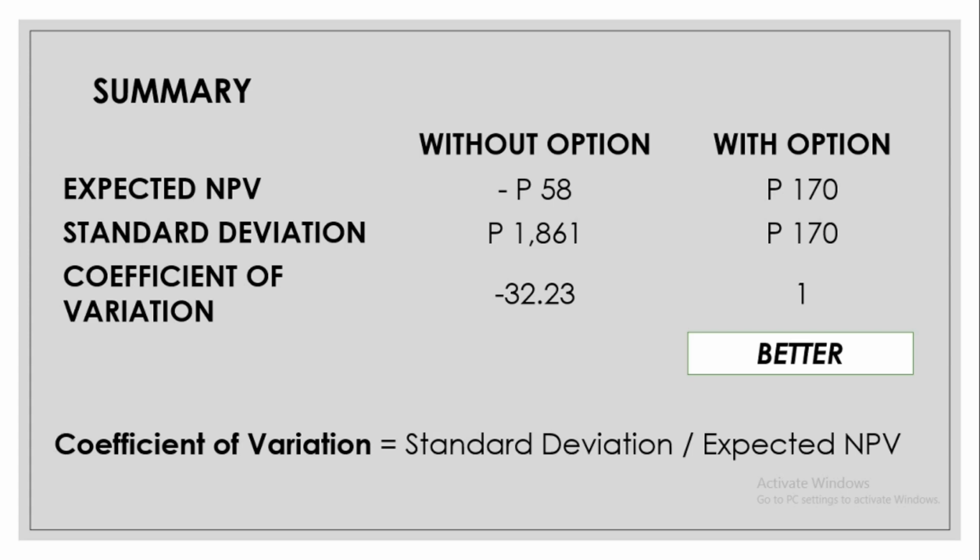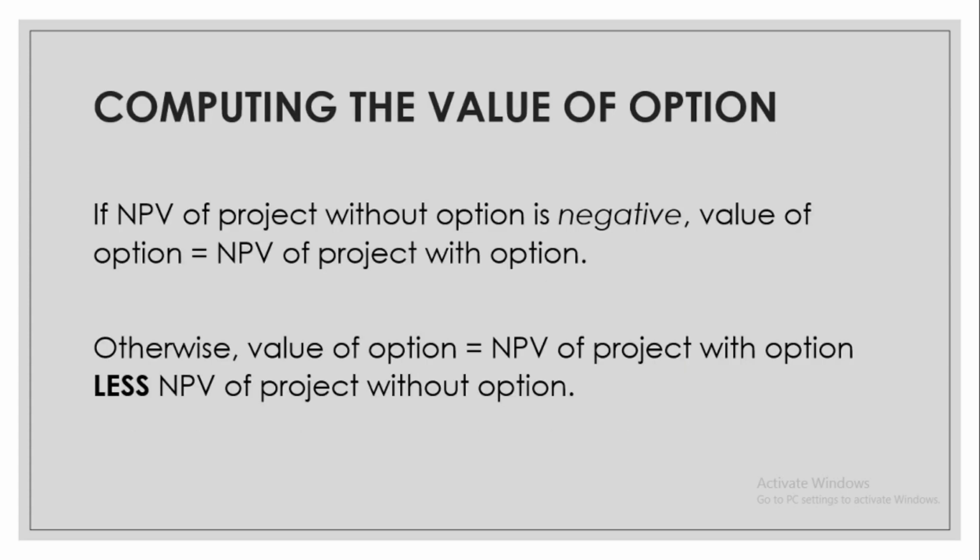So let's review the concepts because we might forget them. If the NPV of the project without option is negative, then the value of the option will be equal to the NPV of the project with option right away. But if it's the other way around, the value of the option will be equal to the NPV of the project with option minus the NPV of the project without option.